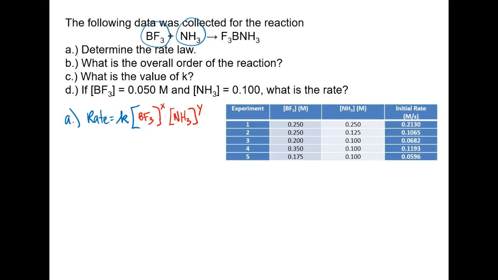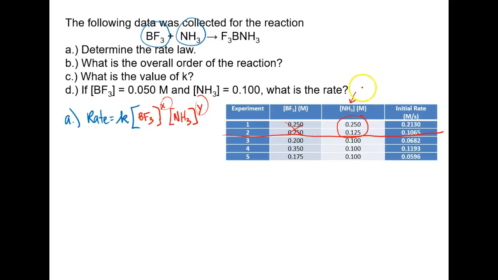So, we are trying to determine the orders x and y. And so, splitting my data table in half, I would use trials 1 and 2 to figure out the order for NH3 and ignore BF3 for that one. Comparing trial 2 to 1, I see the concentration doubles and the rate doubles.